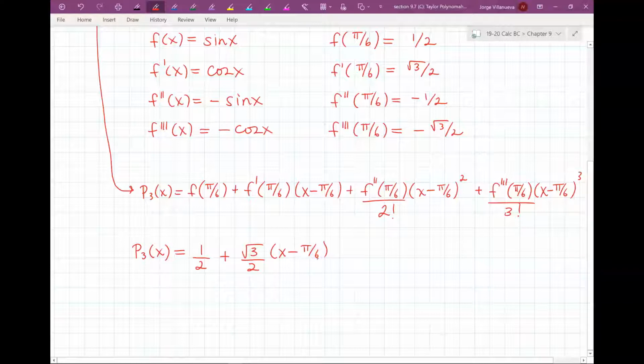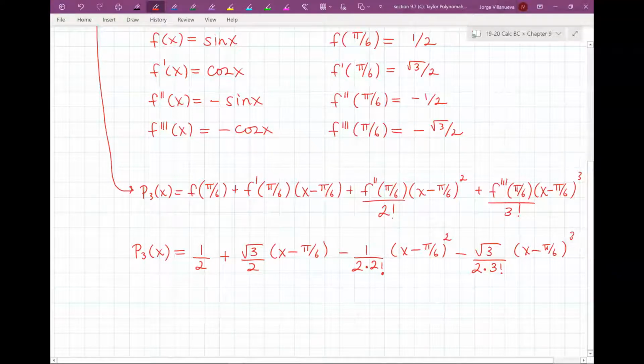The next one is f double prime of pi over 6, so that's a negative half, minus 1/2 times 2 factorial, and then x minus pi over 6 squared. And the last one is f triple prime, so that'd be negative radical 3 over 2 times 3 factorial, and then x minus pi over 6 to the third.